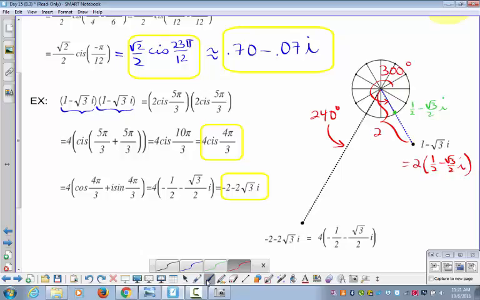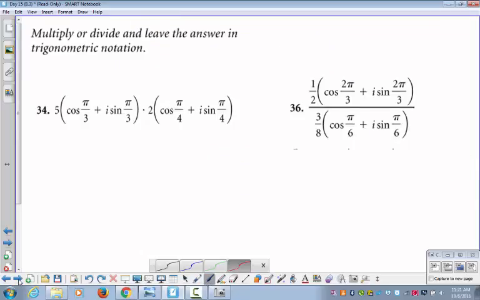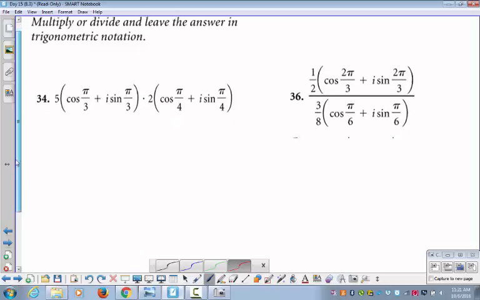Okay. All right, let's try one from scratch. Are you ready to try one from scratch? Find out. Go ahead and start on number 34.